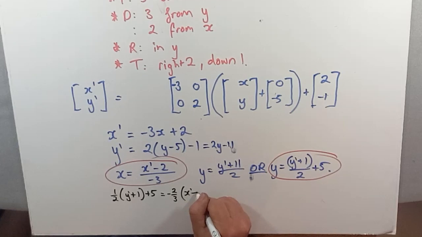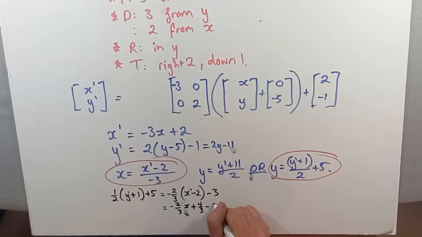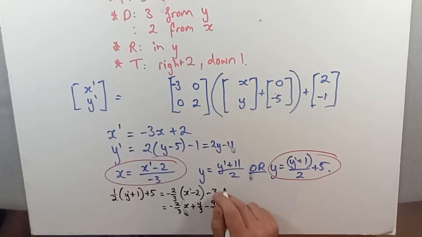So it's 2 times this, minus 3. Then if I expand and solve, hopefully it will get me to a good spot. Negative 2/3 of x plus 4/3 minus 9/3. This is 9/3 here, which is negative 3.